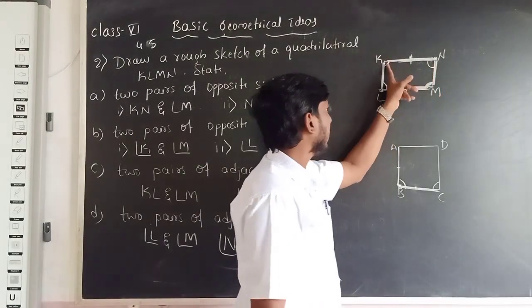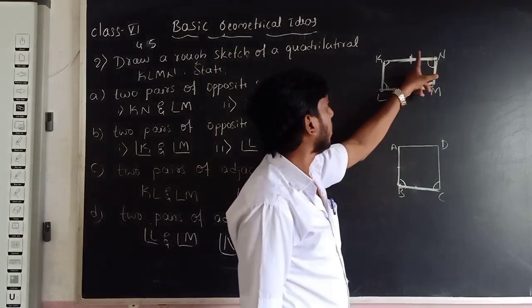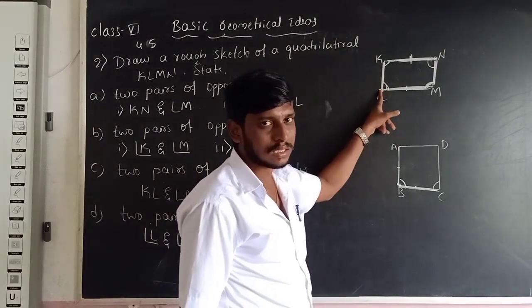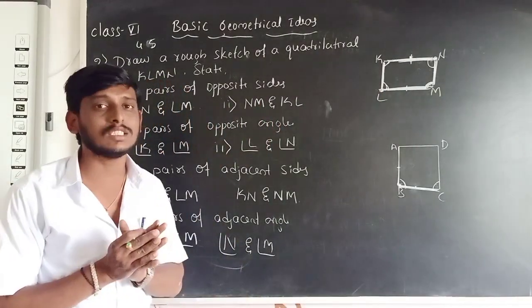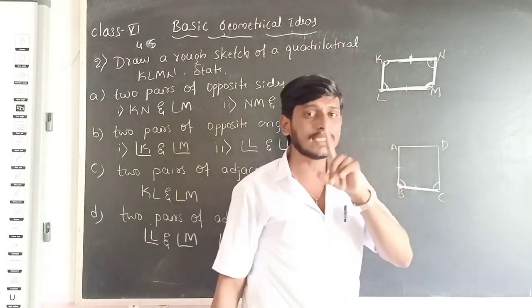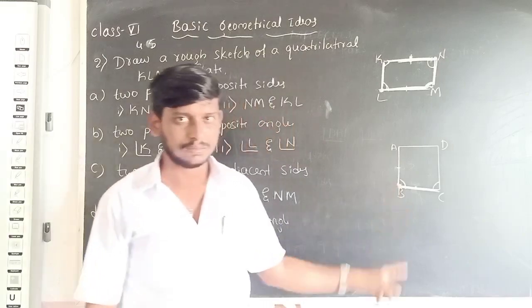Here N and K are also adjacent angles because of common arm KN. K and L are also adjacent angles, common arm KL. So adjacent angles means two angles having a common arm. Adjacent sides means two sides having a common vertex.